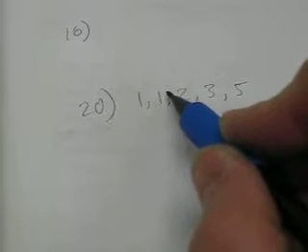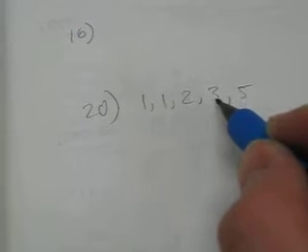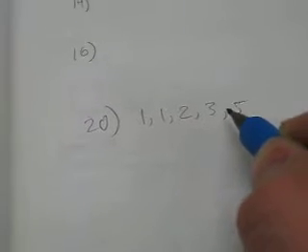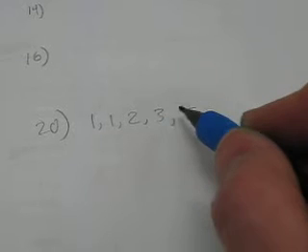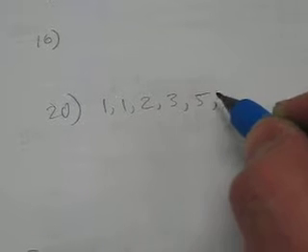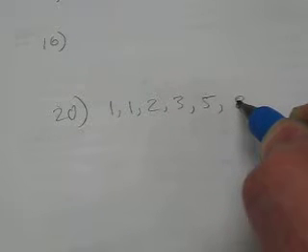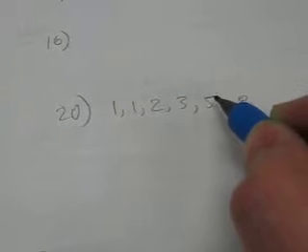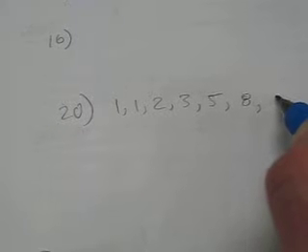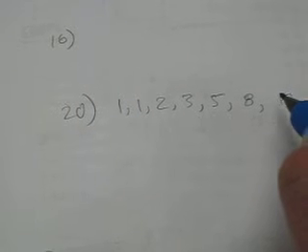And then 1 plus 2 to get 3. 2 plus 3 to get 5. So it looks like we're adding the 2 previous terms to get the next term. With that being said, 3 plus 5 to get 8, and then our next term, 5 plus 8, would give us 13.